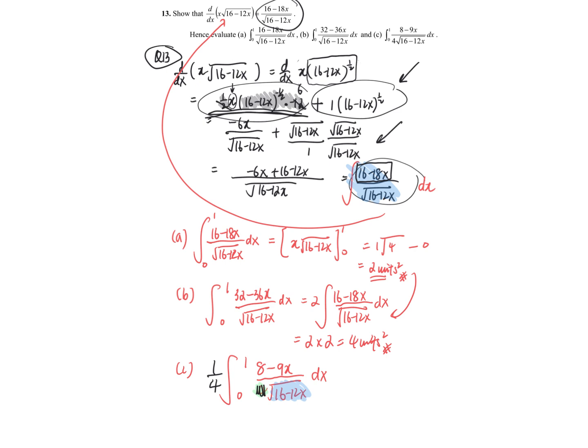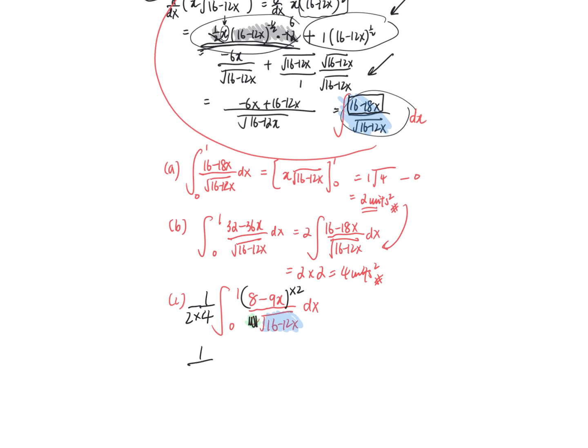Times 2, right? But I cannot just suddenly times 2 inside. So if I times 2 here, what should I do on the outside? I should divide by 2, right? So this is what you should take out so that you get 1/8 on the outside. Inside is exactly in the form that you want.